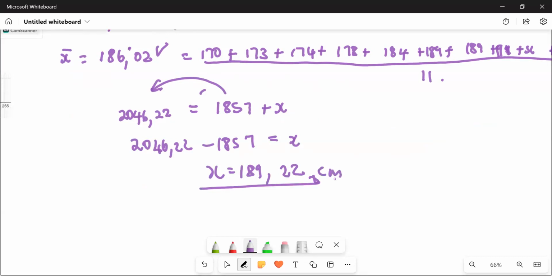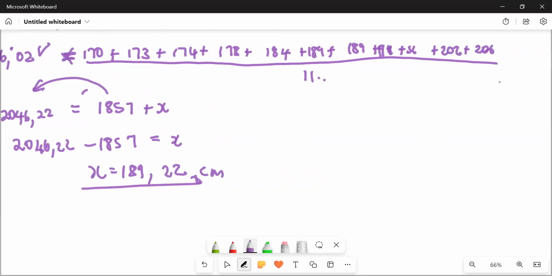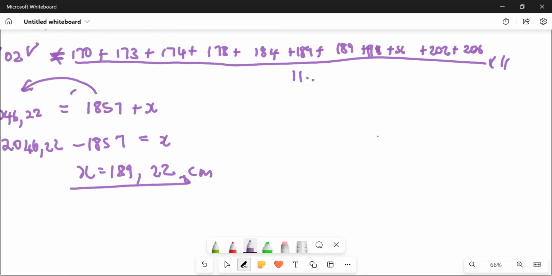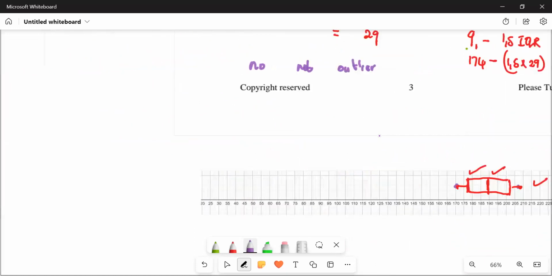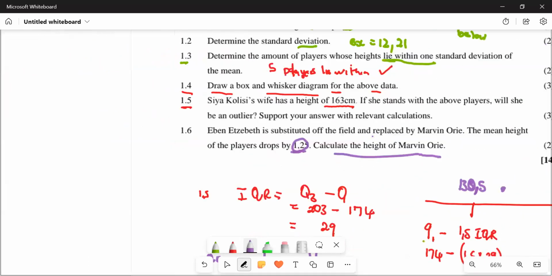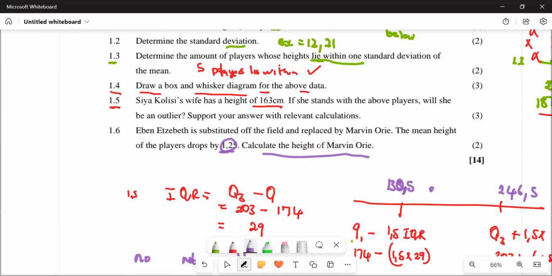This is going to be the height of Marvin. Yes. 2046.22, we said 11 multiplied by 186.02. Again, this one we need to cross multiply. If we want to remove this, we multiply by 11 on both sides. And then all in all, we are done with this one. Anything else here? I like this question because it was covering everything that we have done, everything that we should remember about.